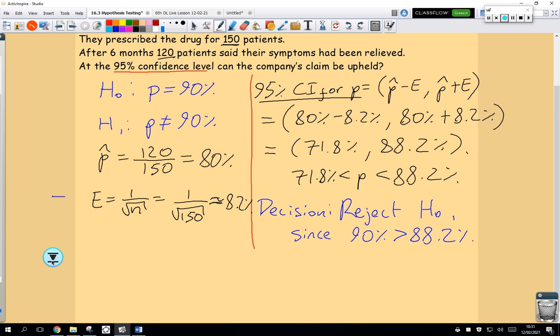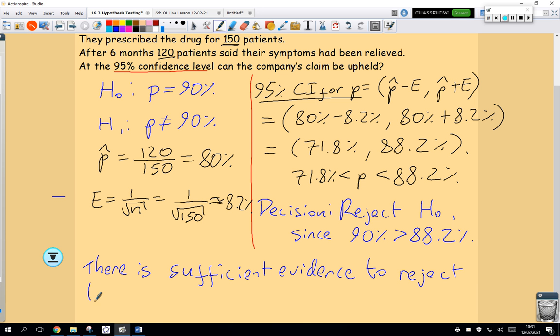Okay, so in this case, we would say there is sufficient evidence to reject the company's claim.